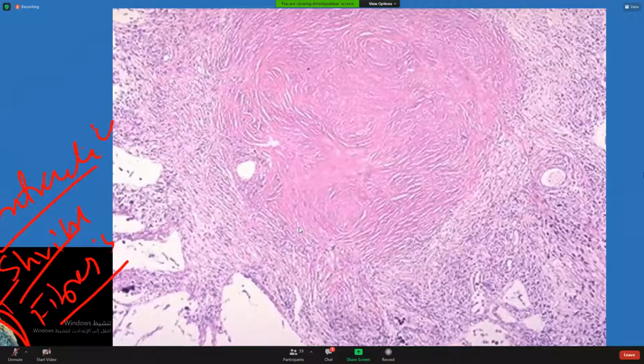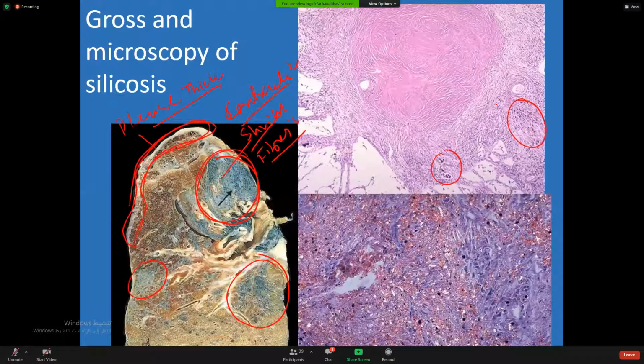One important thing that you can appreciate is the black pigment present here at the periphery of this silicotic nodule. What is this? This is basically carbon particles or carbon deposition. However, this is in the periphery. It can be present in the center as well. These carbon particles can be present in the center of the silicotic nodules as well.